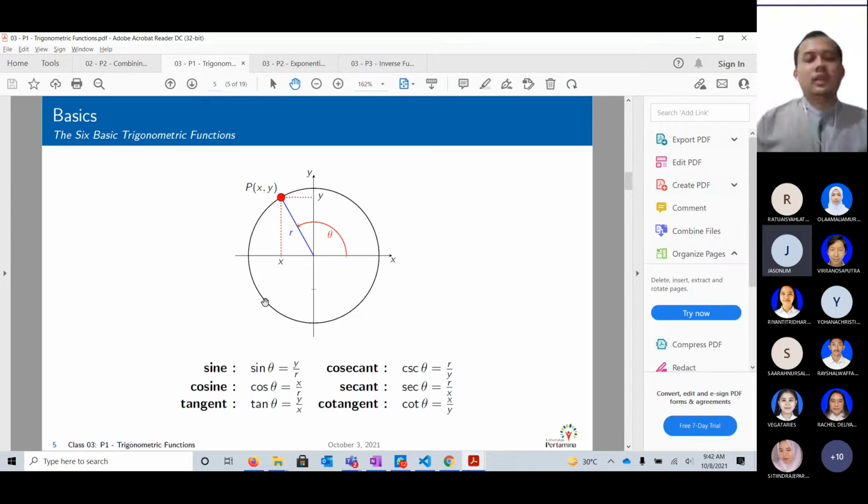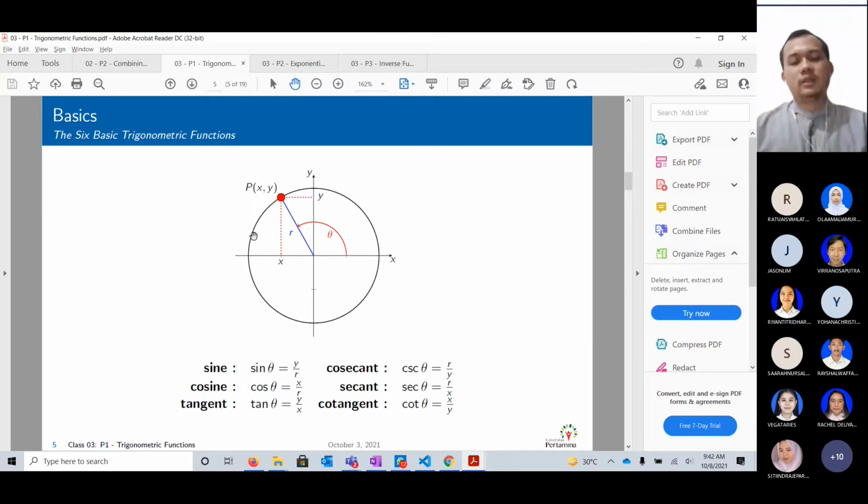So now what are the basic trigonometric functions that you need to know? There are 6 basically: sine, cosine, tangent, cosecant, secant, and cotangent. What is the definition of sine of theta?